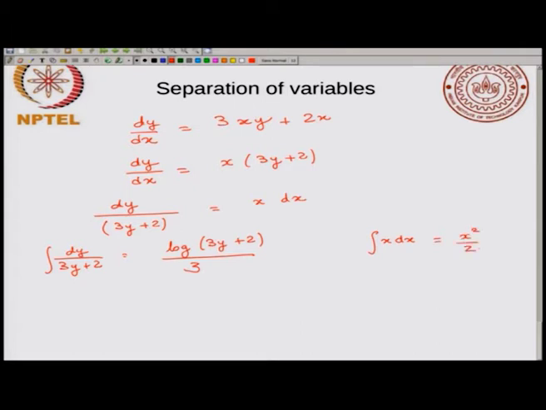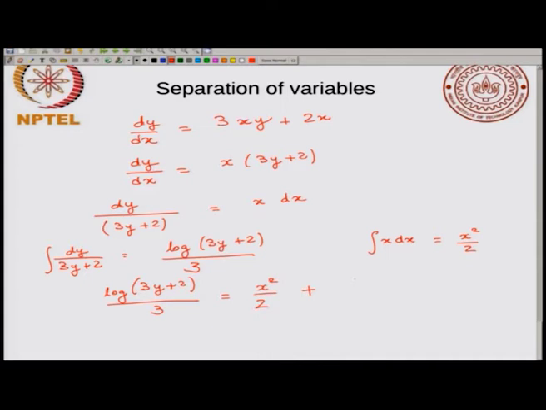So, if I integrate both sides, I will get log of (3y plus 2) divided by 3 is equal to x square by 2. Now you can always add an arbitrary constant, because when you take the derivative of a constant, you get 0.